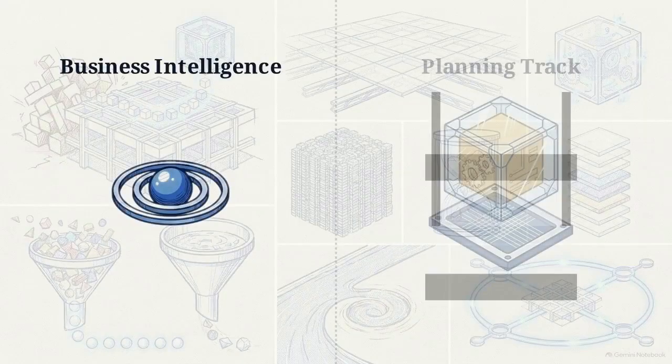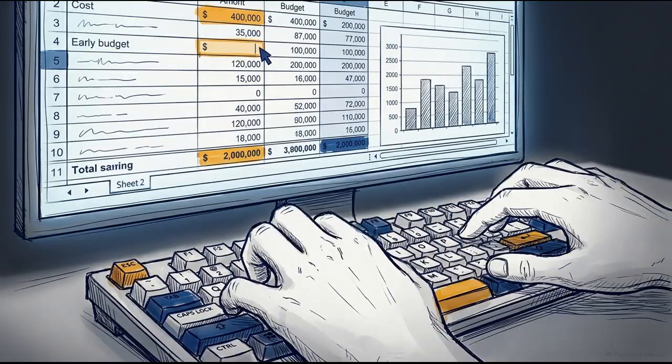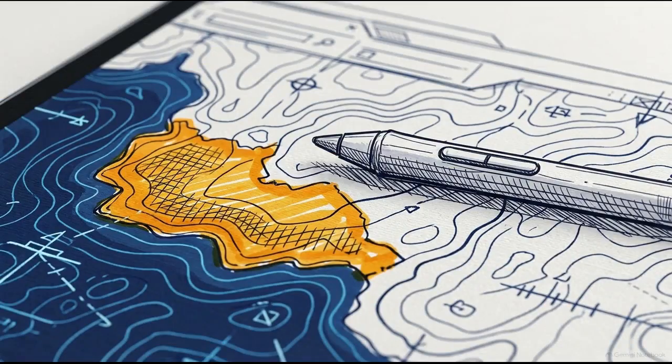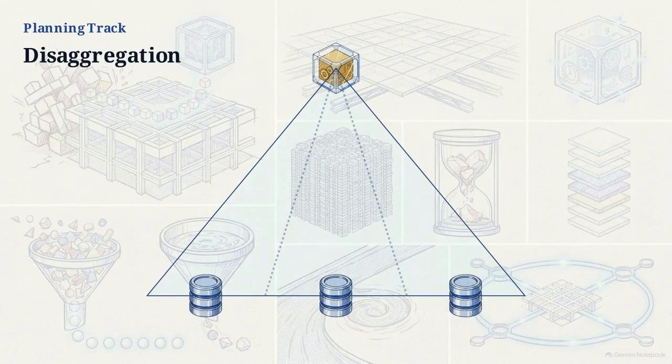The planning track functions as a write-back engine, prioritizing the creation and modification of data for forecasting. In a planning model, users modify the dataset directly, submitting budgets, adjusting forecasts, and overriding baseline projections to reflect changing market conditions. This introduces the mechanical requirement of disaggregation.